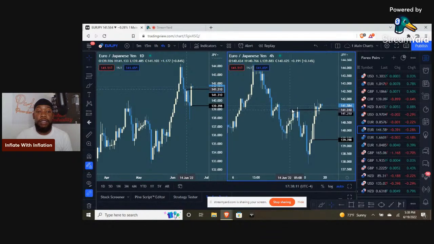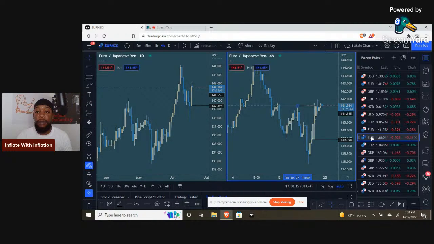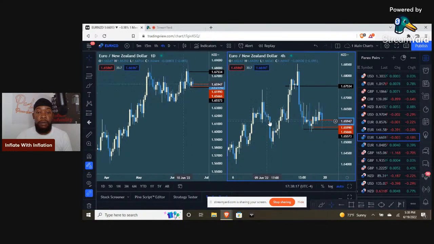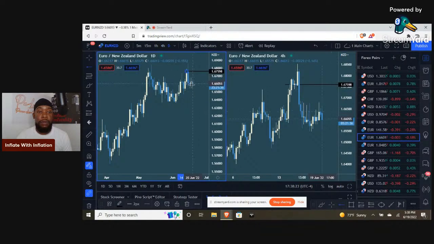We got to see if it's going to hold above this black line first. All right, here, euro is selling, New Zealand is buying.